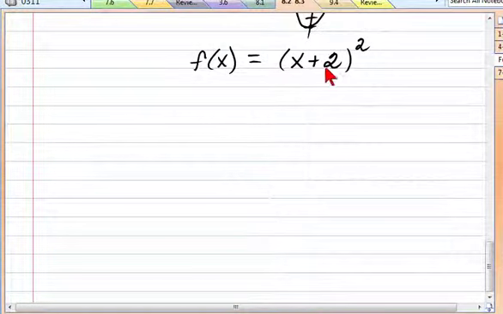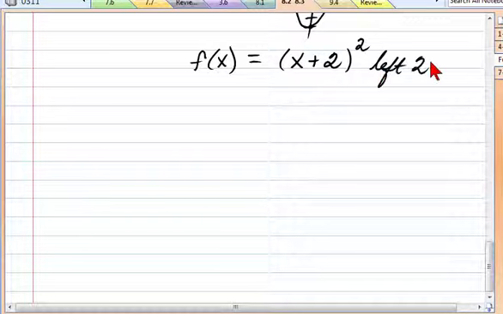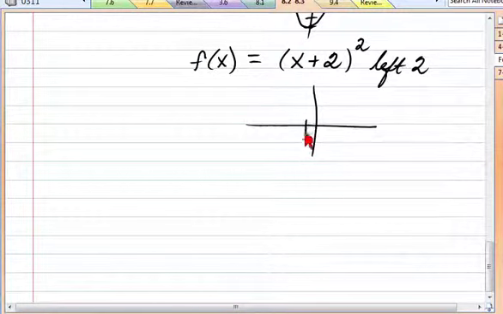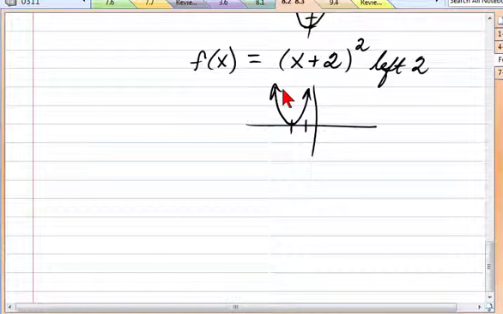Wouldn't you add 2 to it because it's in parentheses? When it's in parentheses and it's going to get the number before the function acts on it, it has the horizontal shift. So this will shift, y'all tell me, to the left 2. Remember, these tend to go in the reverse of what their sign says. So this one would look like this. It's still a U, but somebody pulled it to the left.